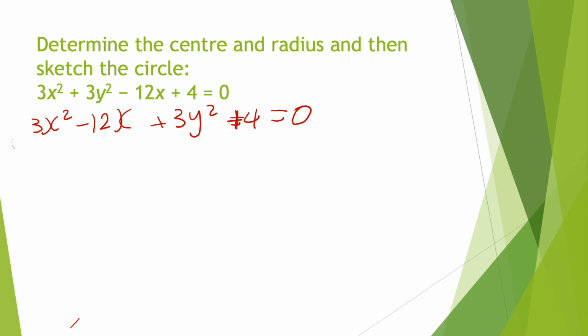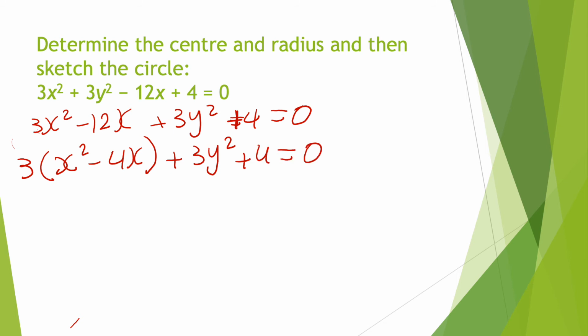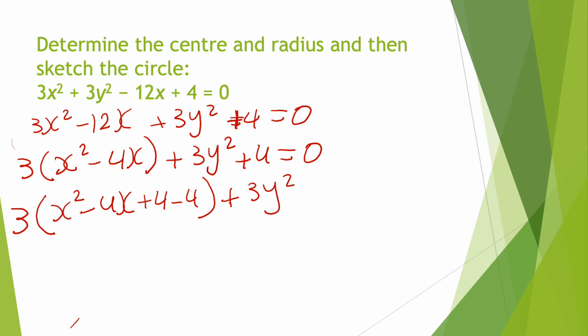I'm going to take the 3 as a common factor between those two. And now I can do completing the square for this one here. Half of 2, so I add 4 minus 4, plus 3y squared plus 4 equals 0.